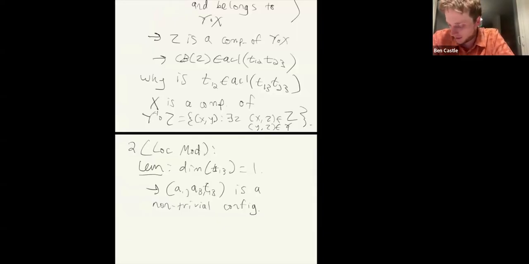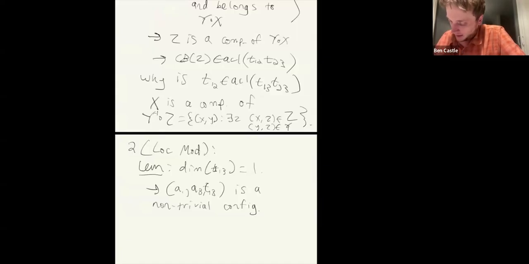If you want to check all of the details that it's a non-trivial configuration, you can. Really the only non-trivial part of showing that is computing the dimension of the T coordinate here. And it's 1 by local modularity. It's easy to see that it's at least 1. Maybe I'll write that down.